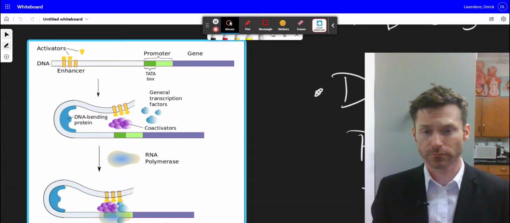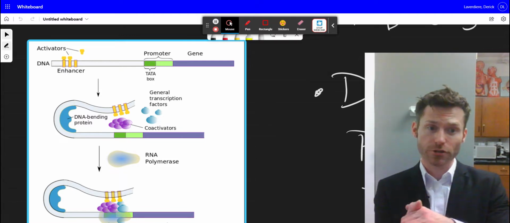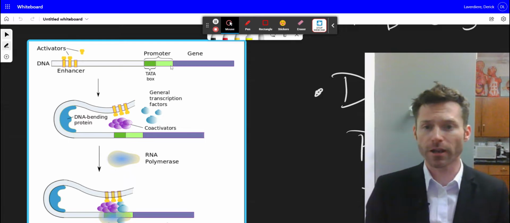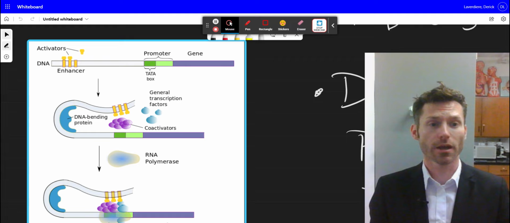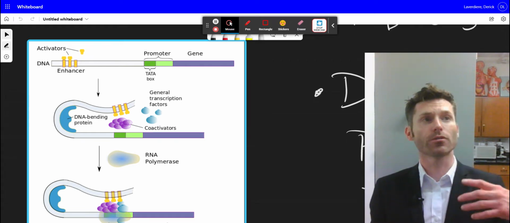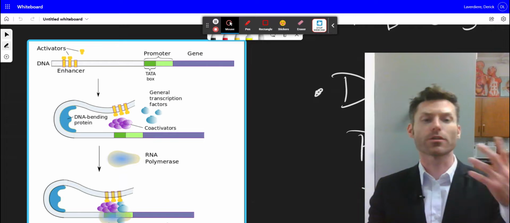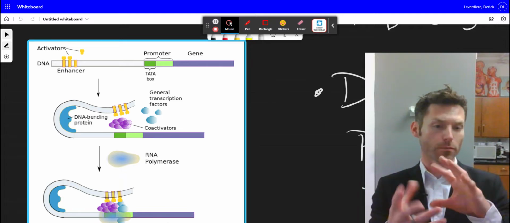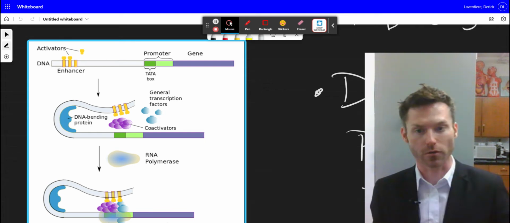We have the promoter, which is where the RNA polymerase is going to attach. Part of the promoter is the TATA box, which is a region used by transcription factors to identify where the starting point is for the promoter. Those transcription factors allow the promoter region to adopt the proper shape for the RNA polymerase to get on and rock and roll.